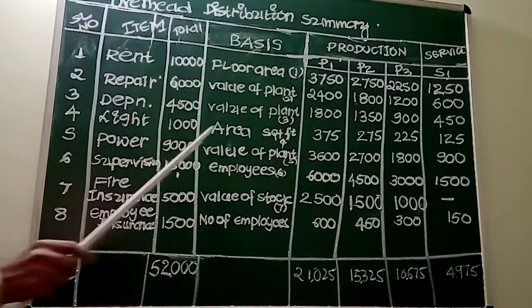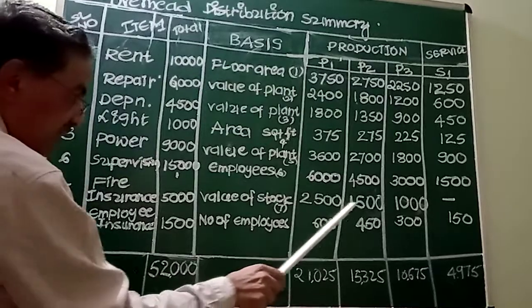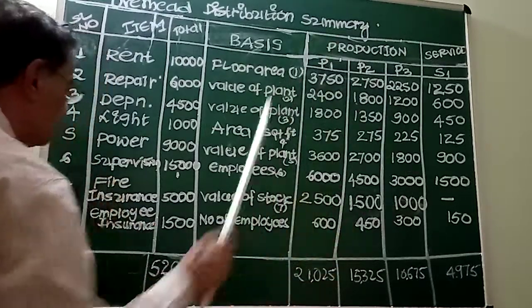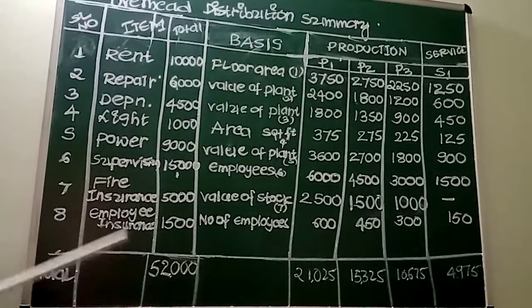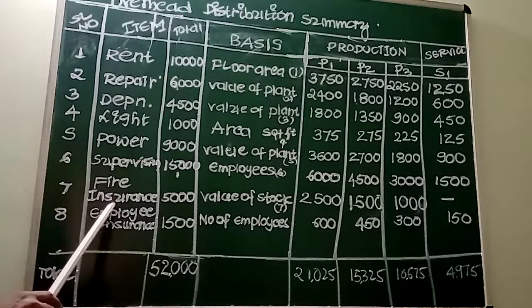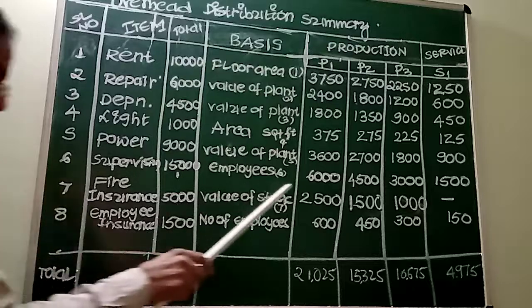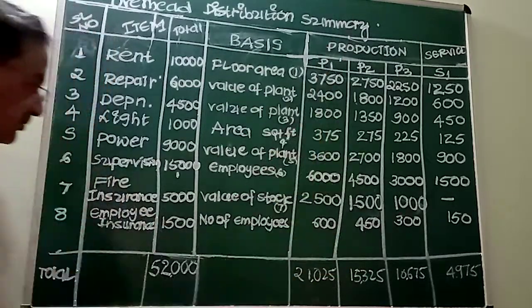So don't apportion anything to the service department, because only these three departments have stock. Apportion only to these three production departments. The ratio of the stock values simplifies to 5 is to 3 is to 2. If you divide 5,000 in that ratio, you get 2,500, 1,500 and 1,000.